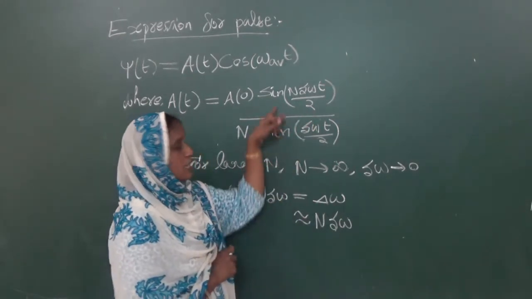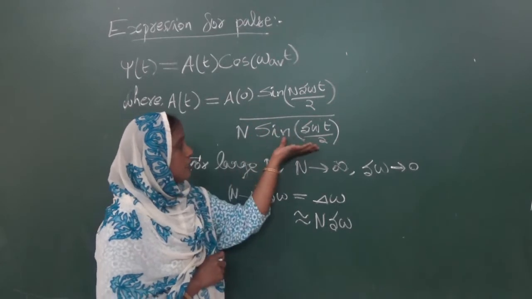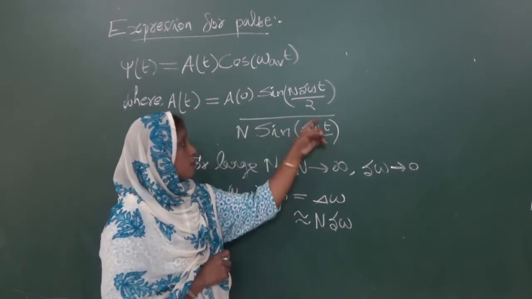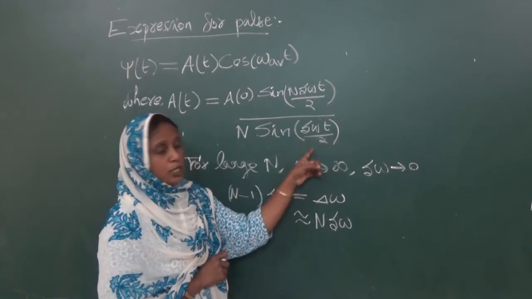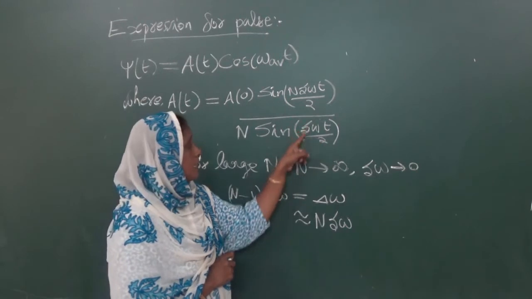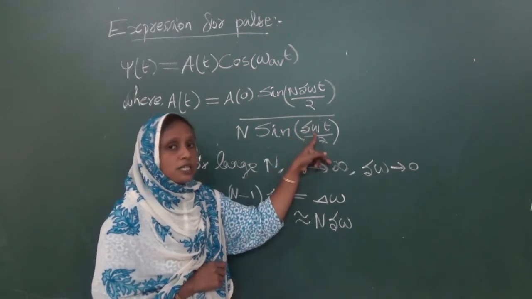Similarly, in this equation, you can see that in this denominator, here this term sin(delta omega t by 2). Here this delta omega is very small.